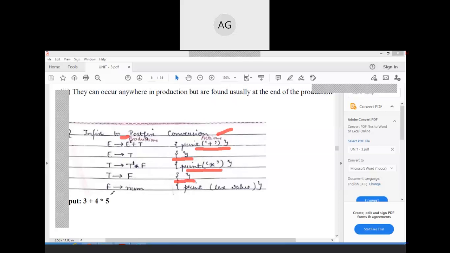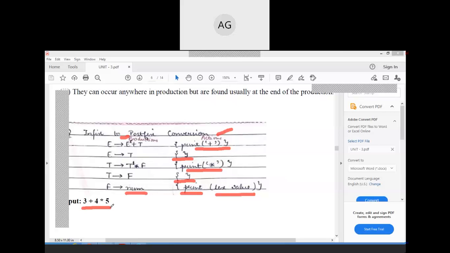And the fifth production is F produces num. Just num means the number, the numerical digits. In that case, we are going to print the num value. So these are the productions given to us, and corresponding to the productions, we are given the actions. And the input is given to you, that 3 plus 4 into 5.